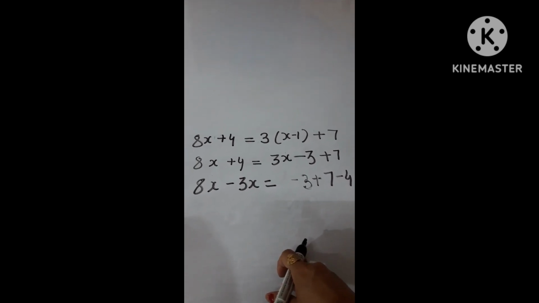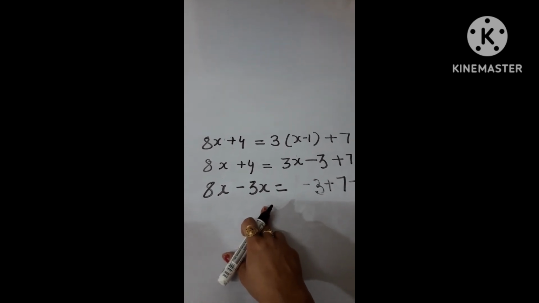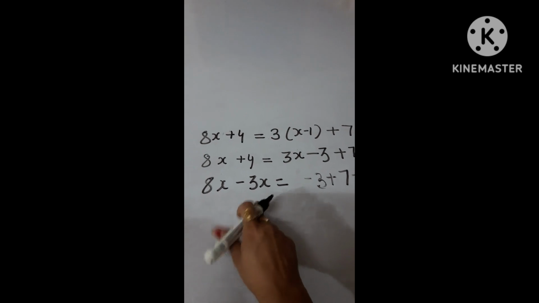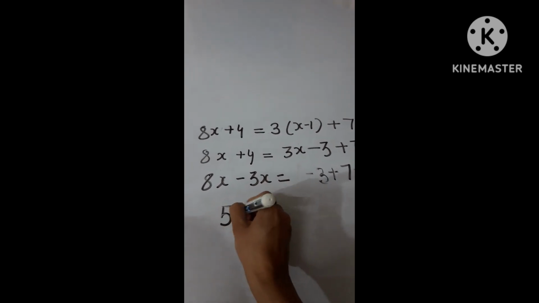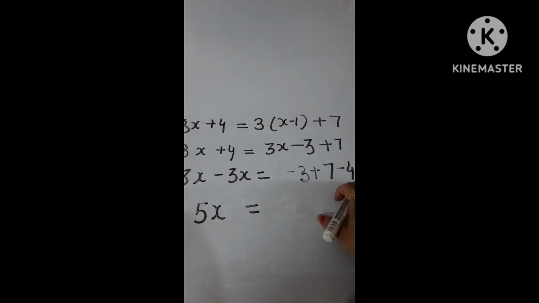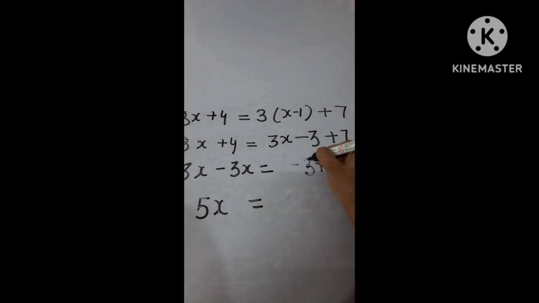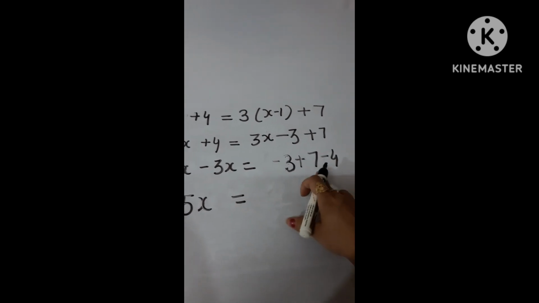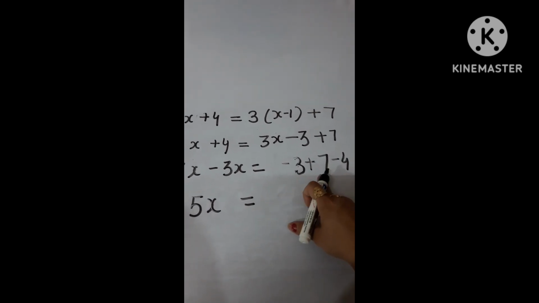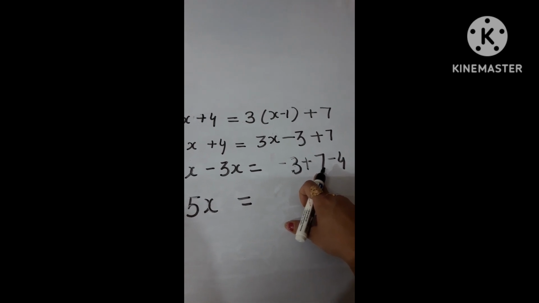Isn't it? So now these two, 8x and 3x, are the like terms. So 8 minus 3 will become what? This will become 5x. Okay, now again the concept of the integers will be used. Minus 3 plus 7. Plus minus is minus, but the sign of the bigger term will come.